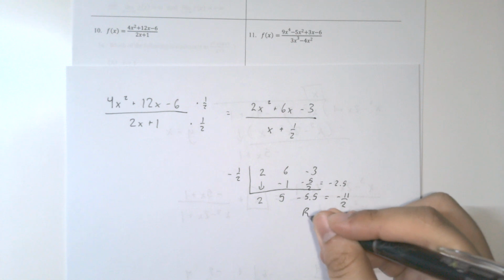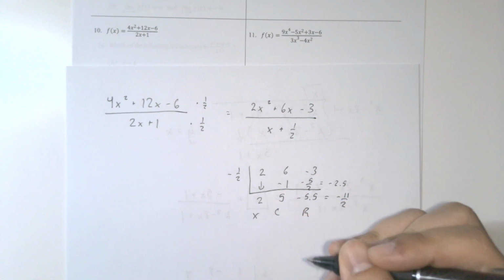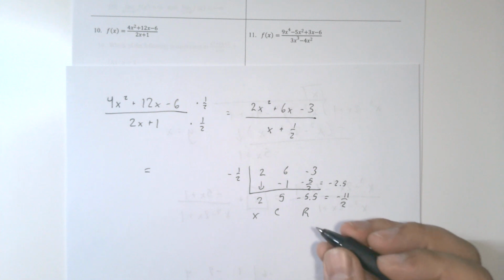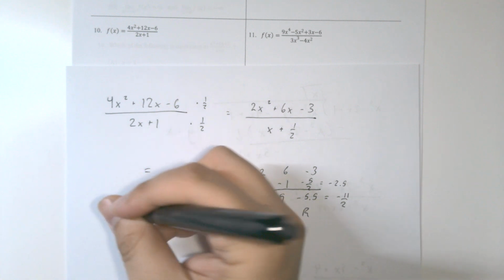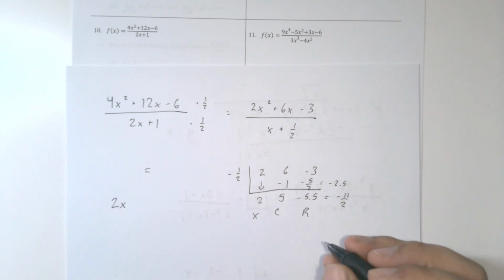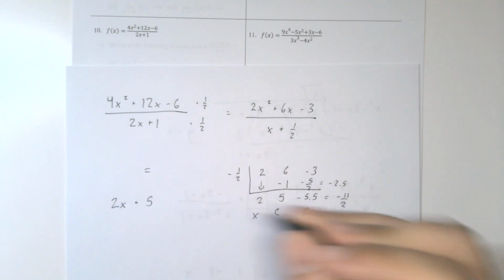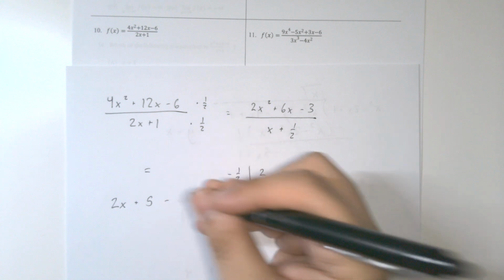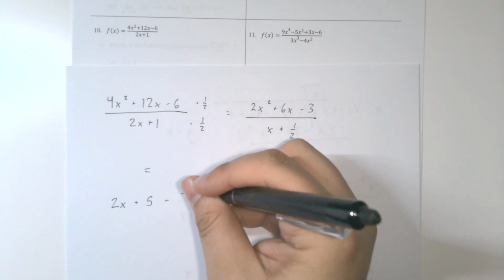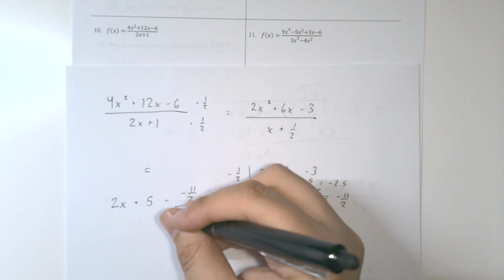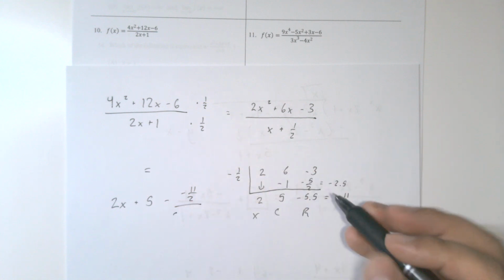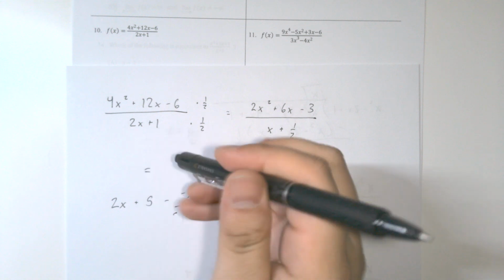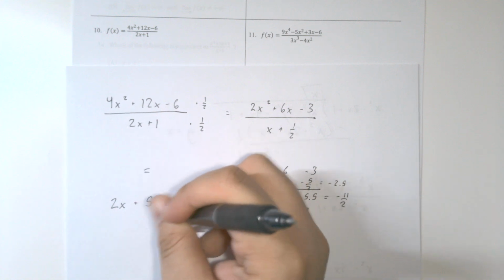And so this is our remainder, our constant, in our x term. And so we would say our answer to this is 2x plus 5, and then minus -11 over 2 divided by, remember we divided by x plus 1/2.